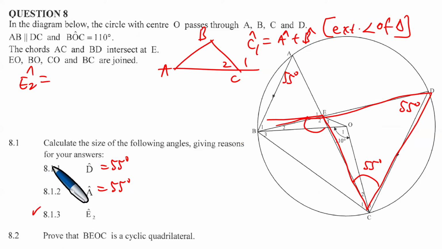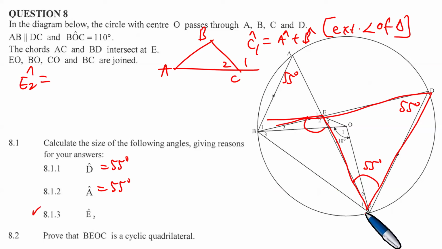First things first, we can give a reason why this is the case in 8.1.3, because we want to find E2.